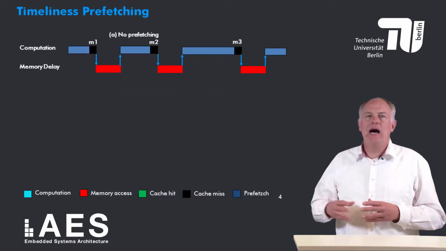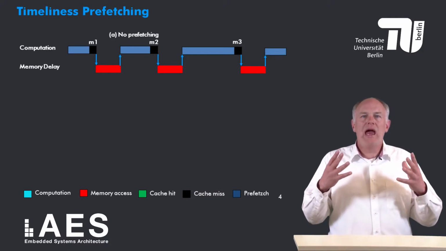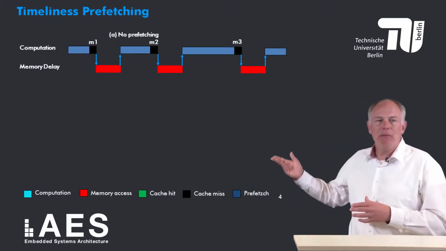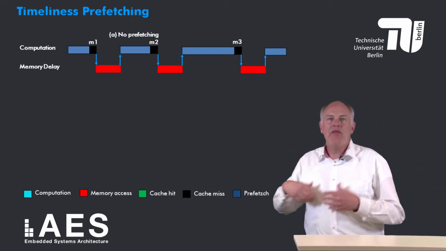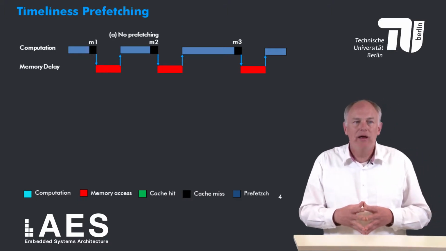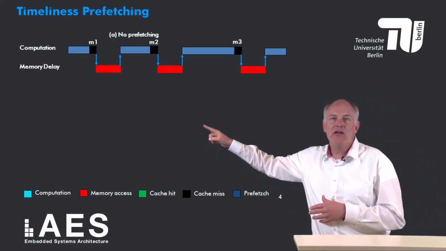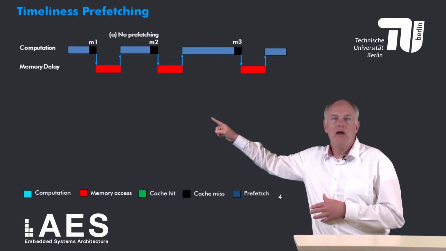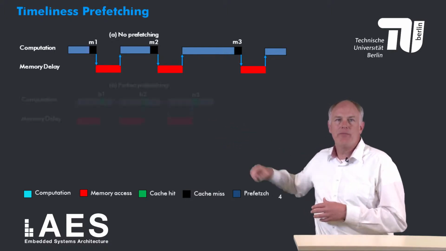On this slide, I want to illustrate the aspect of timeliness. When we have no prefetching and a blocking cache, then the timing might look like this. The CPU computes for a while and then it incurs a miss M1, then it stalls until the block is fetched, and then it continues with the fetched data and again computes for a while, and then it incurs another miss M2, and so on.